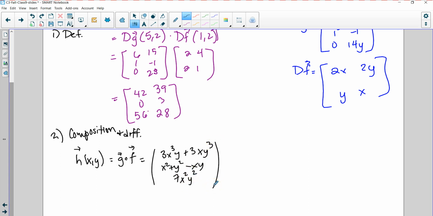Alright, and then you can go through and find the derivative matrix, so dh.